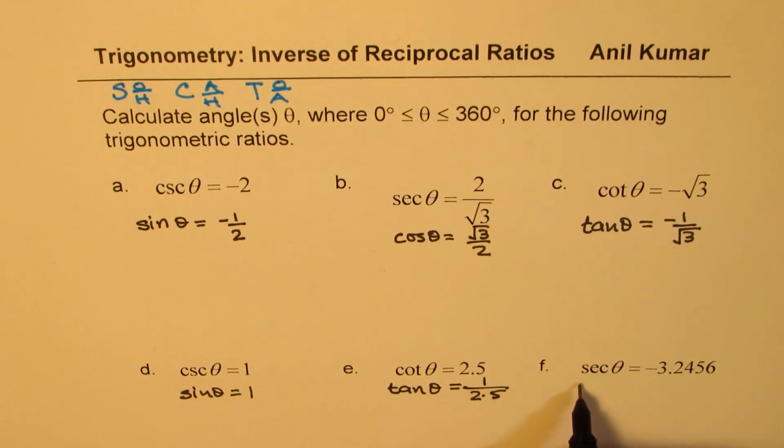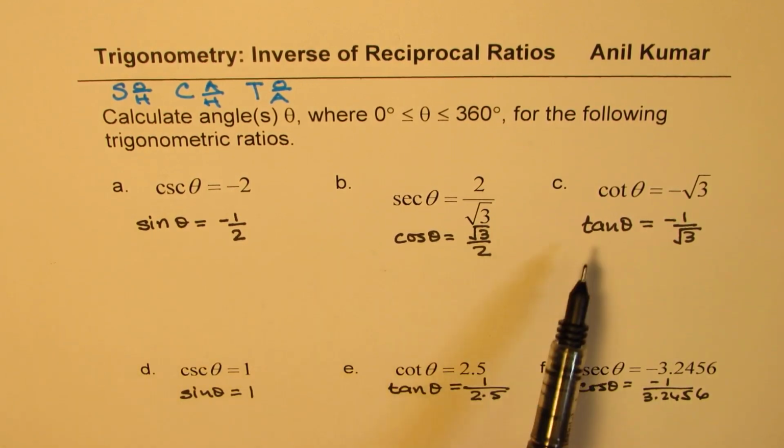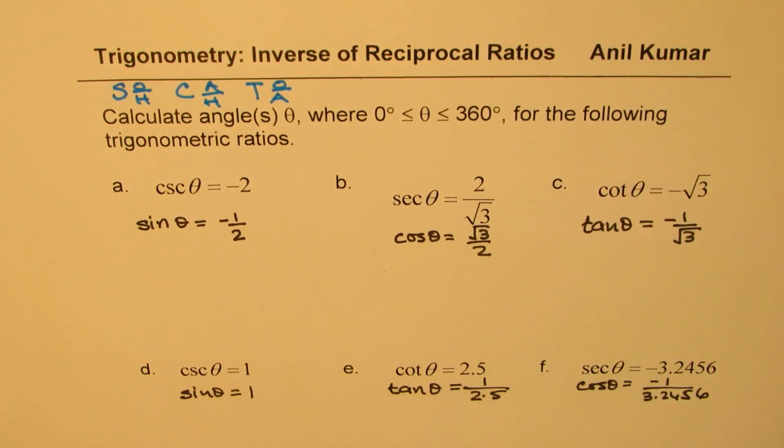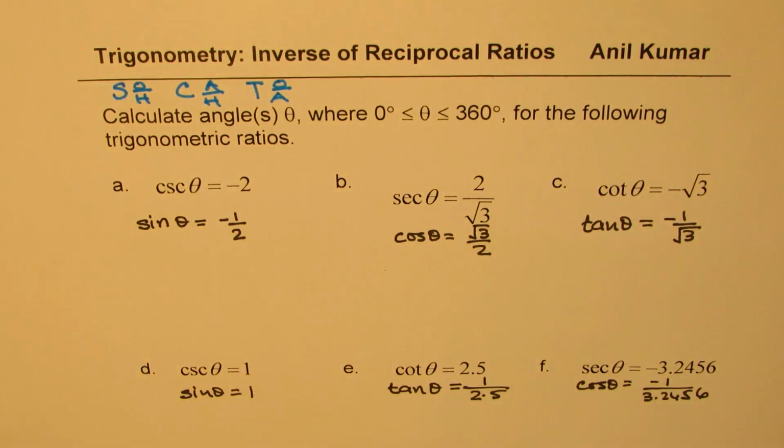And here for secant we'll write cos theta equals 1 over negative 3.2456. Why are we writing in terms of sine, cosine and tangent? Simply because our calculator has sine, cosine and tangent, and we cannot use the calculator for cosecant, secant and cotangent. Perfect. So that is the first step which you need to do.